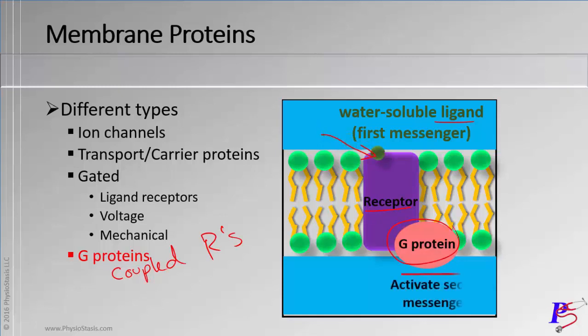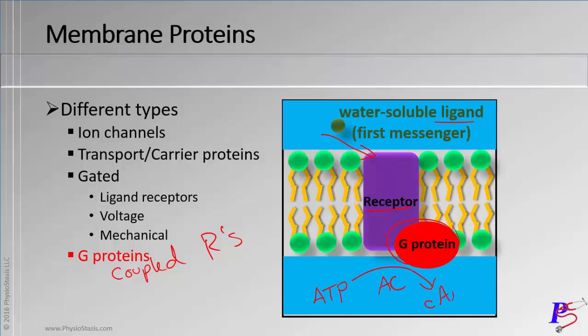When this ligand binds to the receptor, it activates this G protein and causes changes on the inside. For example, you could have ATP, and that is converted by adenylate cyclase to cyclic AMP, which would serve as your second messenger and cause other changes inside the cells.